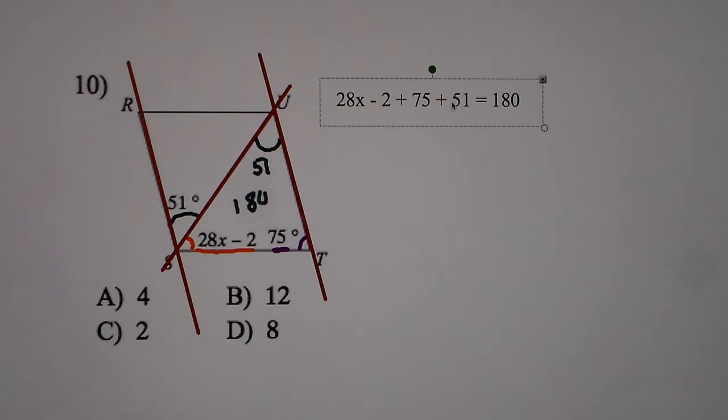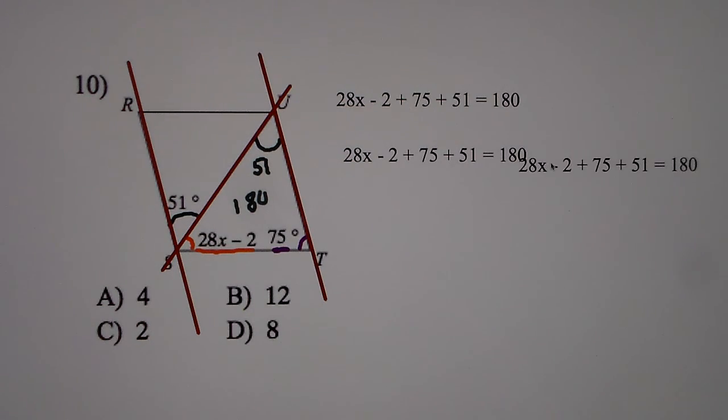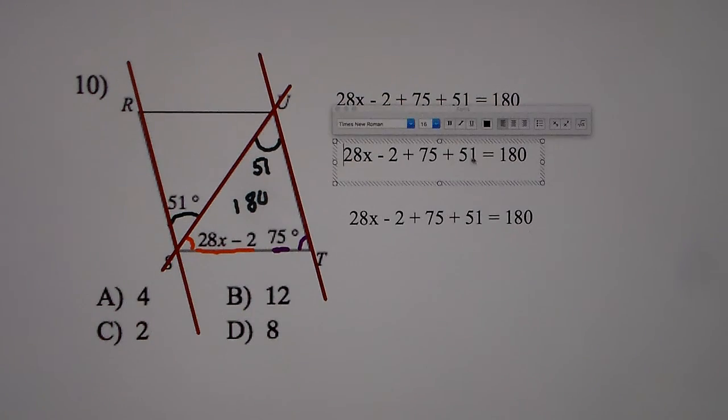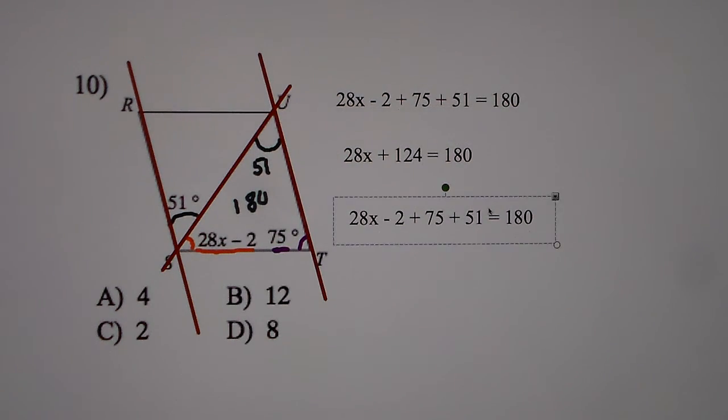We then combine our like terms, just like we did in Algebra 1. So we have negative 2 plus 75 plus 51. Get you 124. Subtract 124 from both sides.